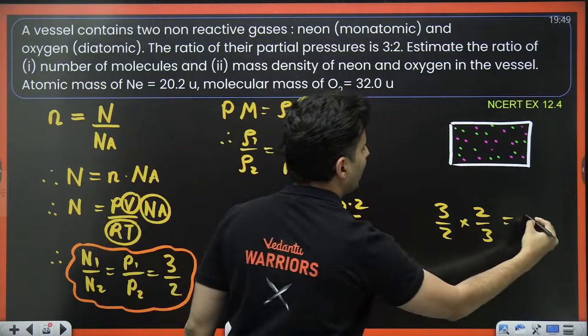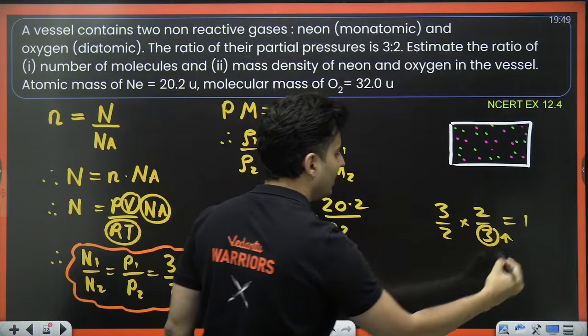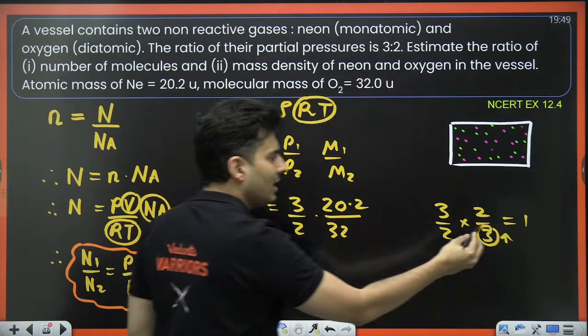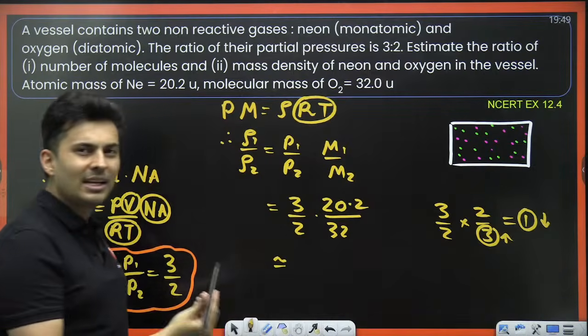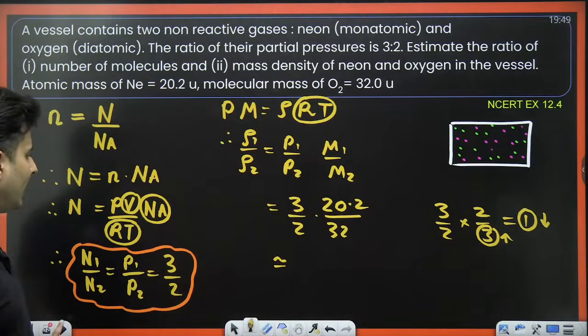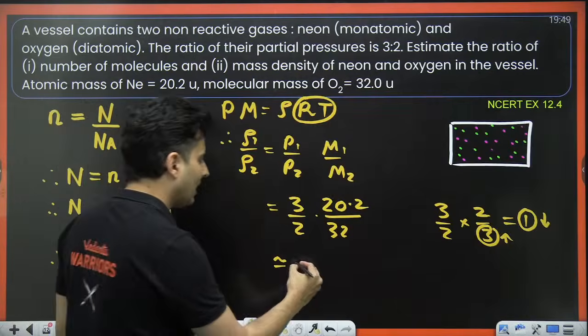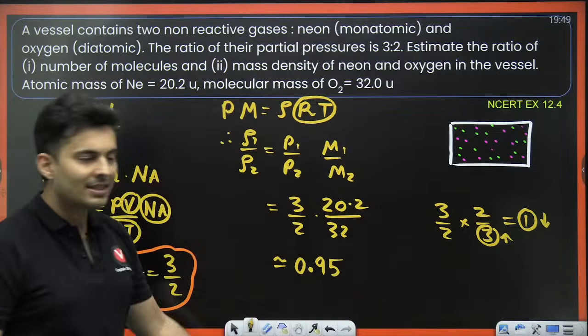So what will that number be? Exactly 1. But if this number is slightly more than 3, because this is 32 or basically 3.2, this value will slightly go less than 1. So it might be 0.9 something, and I think the answer comes out to be 0.947, or approximately 0.95. Is that right?